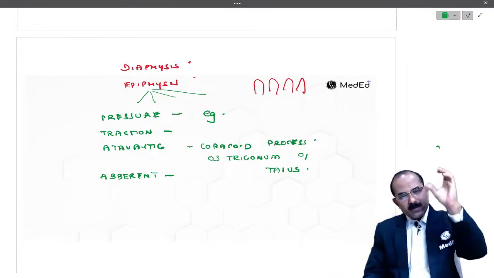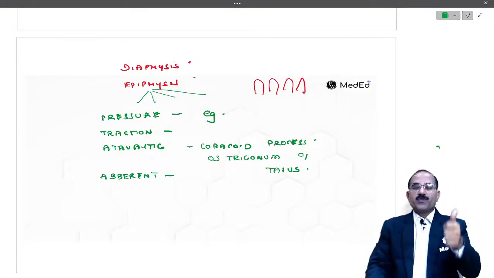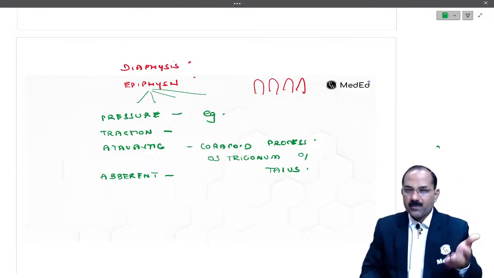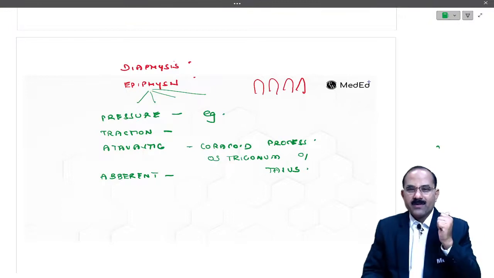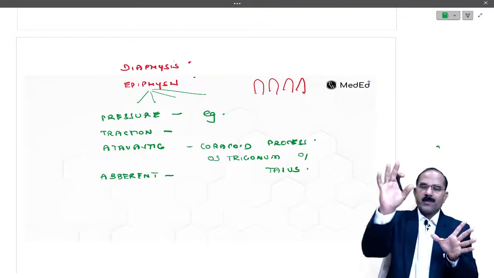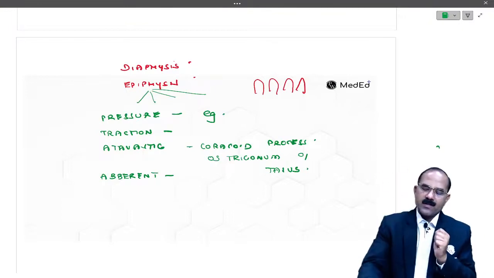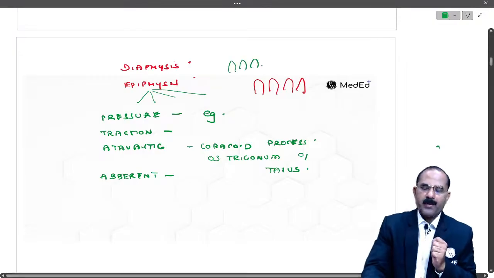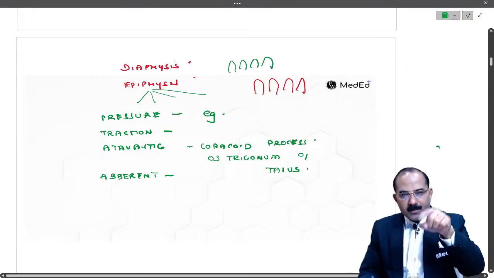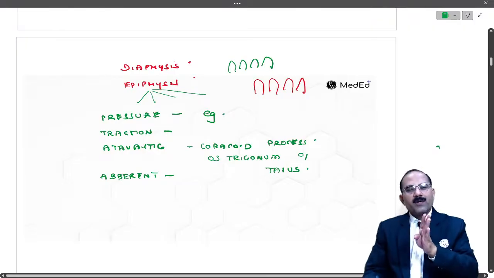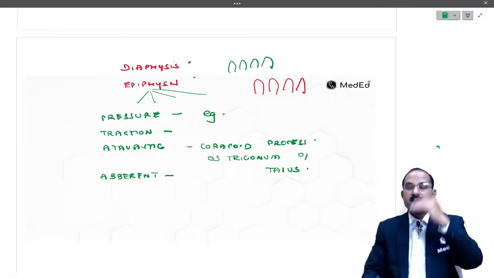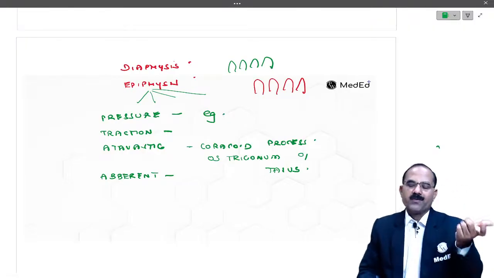Sometimes the question comes on blood supply of the long bone, in which you have to describe the arteries supplying the bone. One is the nutrient artery, which divides into two, goes to the periphery and then gives branches, and these branches undergo a hairpin bend, and the blood flow becomes very sluggish, and that is why infection is very common in metaphysis.